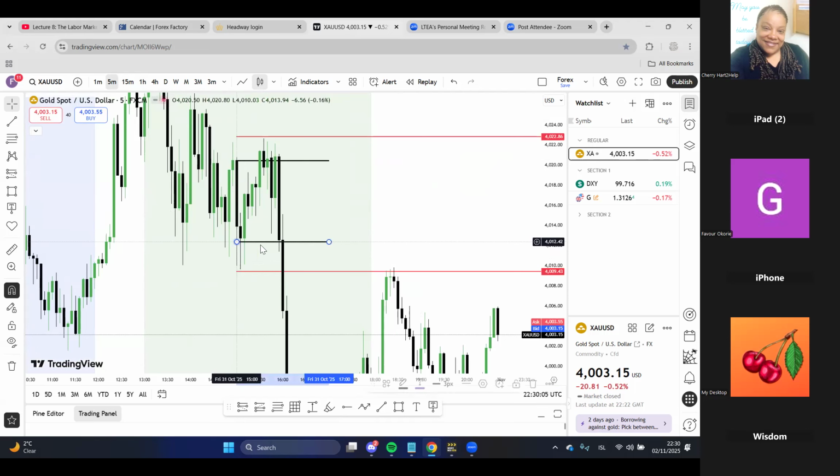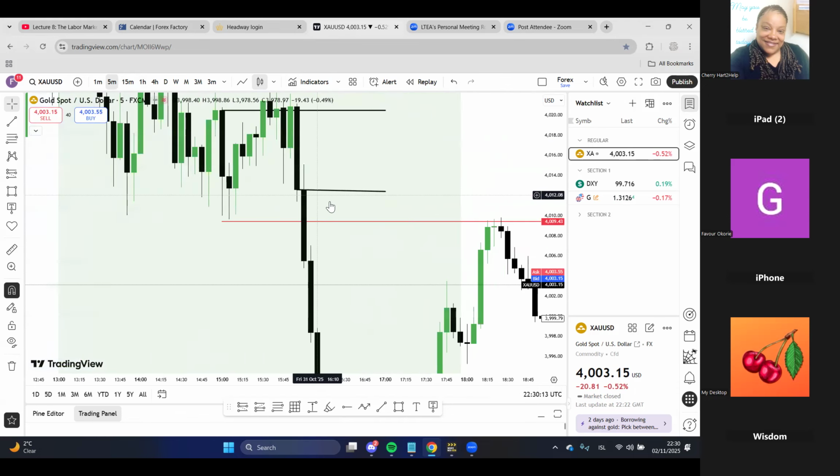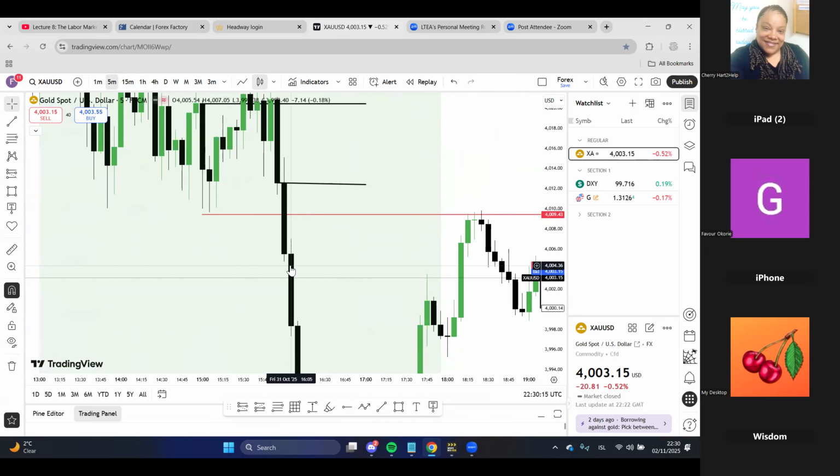This is the closing price here. Okay, here. I think it closed right here or on this candle anyway. I don't know.